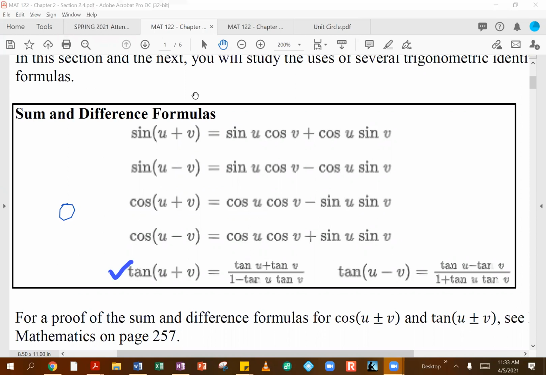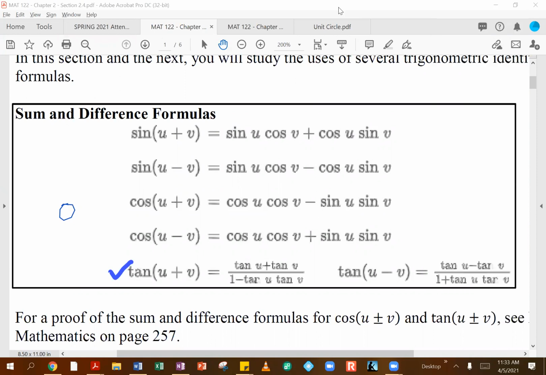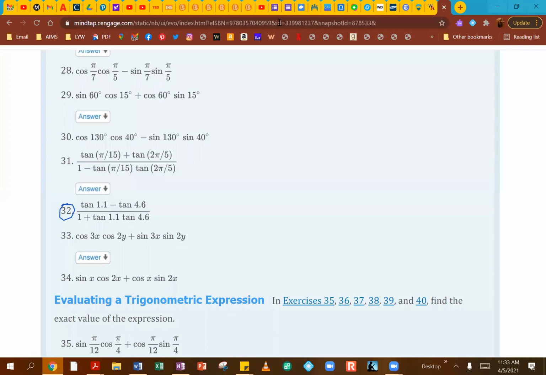Okay, so Abdul Aziz, you're going with the tangent of u minus v function. Yeah, and the reason we know that you need to use the u minus v function is look at the way this expression is given to us. We have tangent of 1.1 minus tangent of 4.6 on the top. So you have the minus on the top, and then the 1 plus tangent of 1.1 times tangent of 4.6.